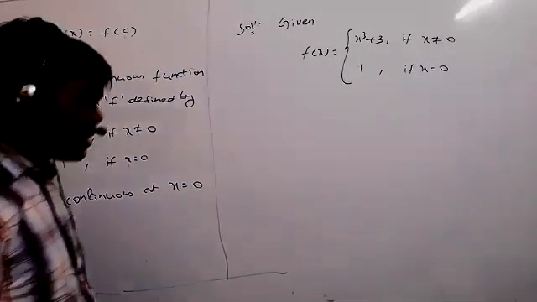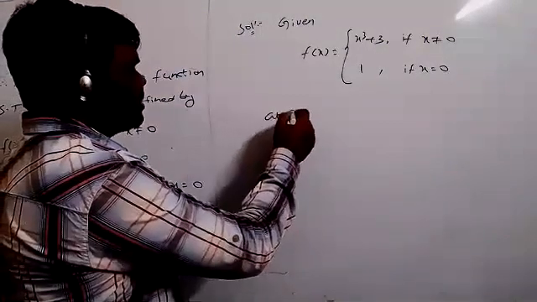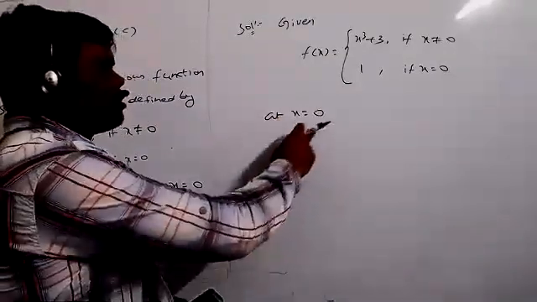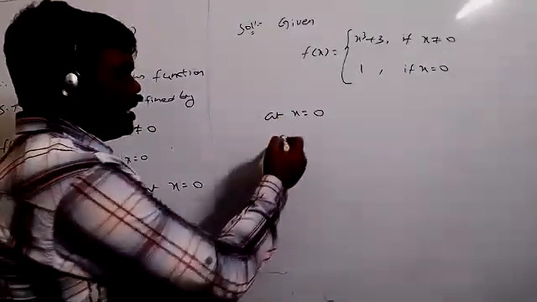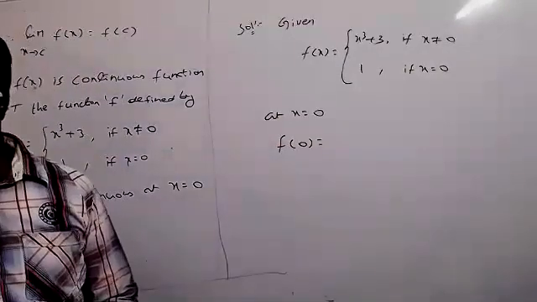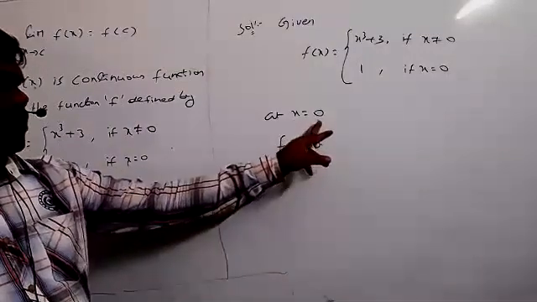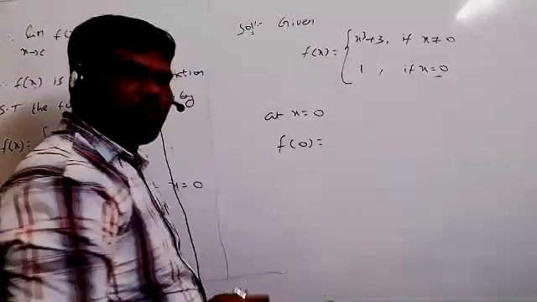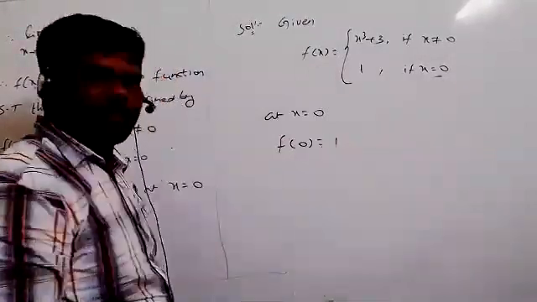Now first you can take x equal to 0. Then at x equal to 0, first find f of 0. What is the value? If x equal to 0, the value of the function equals 1. So f of 0 equals 1.